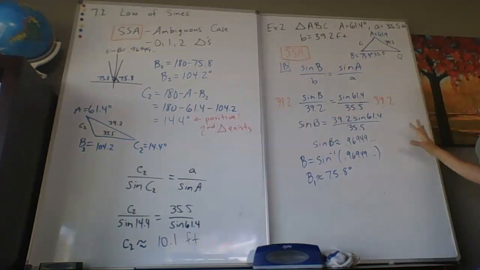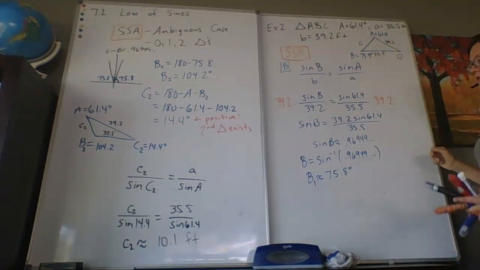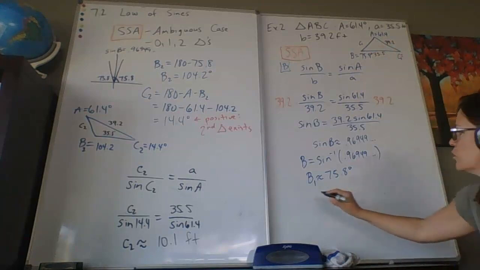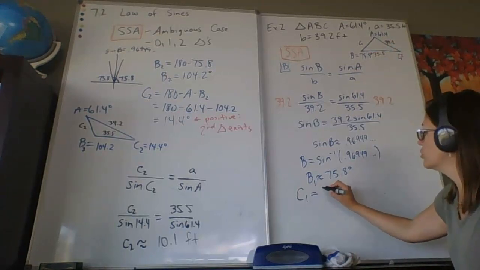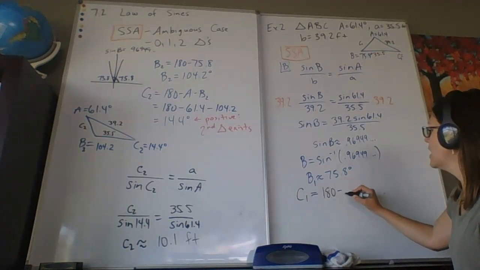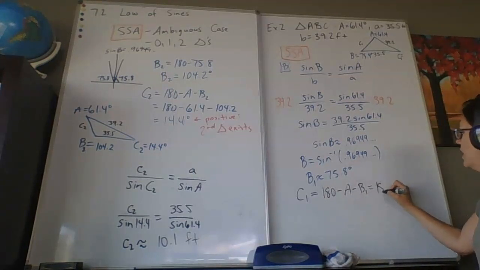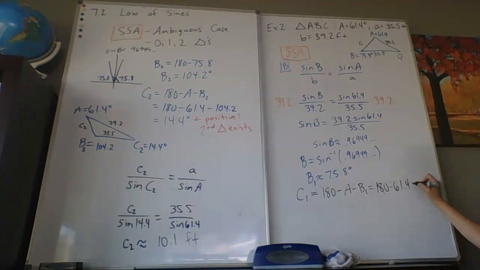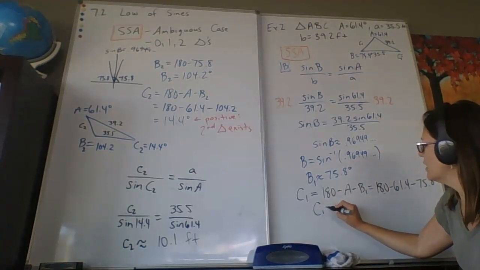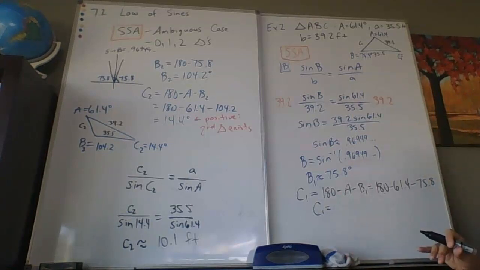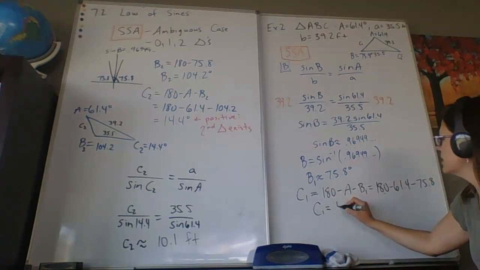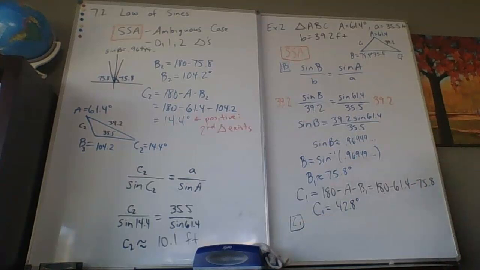Coming back to our original triangle, we have to find angle C1 and side c1. So first we'll find angle C1. We will just do 180 minus A and minus B1. So 180 minus 61.4 minus 75.8. And we get C1 to be 42.8 degrees. Now we need to solve for side c1.